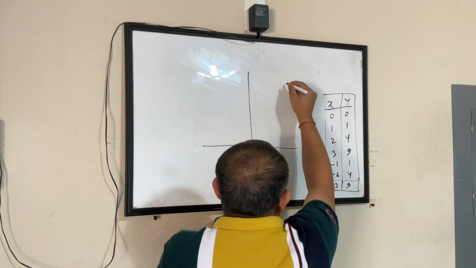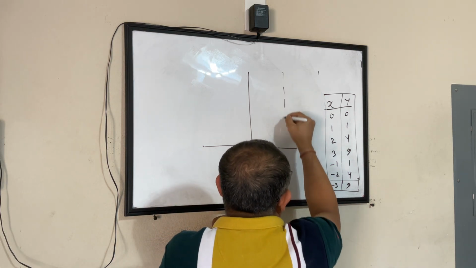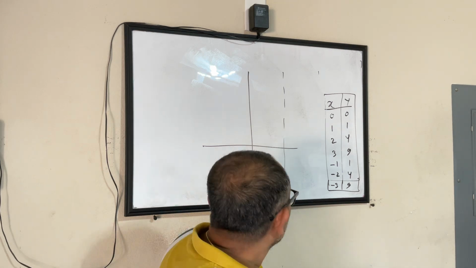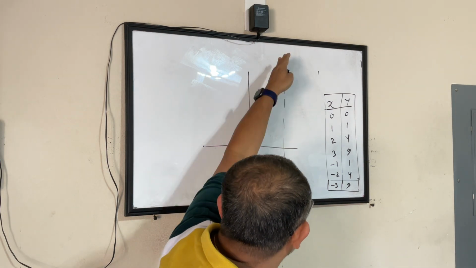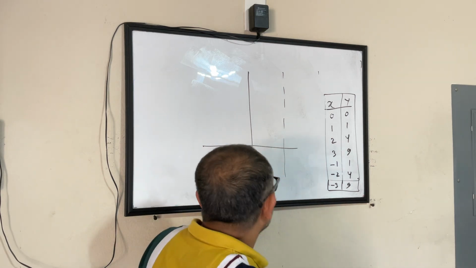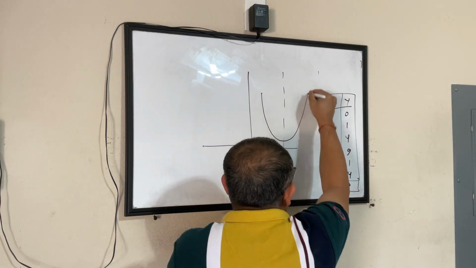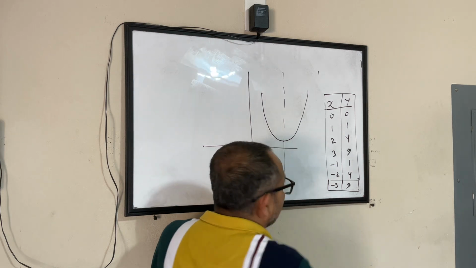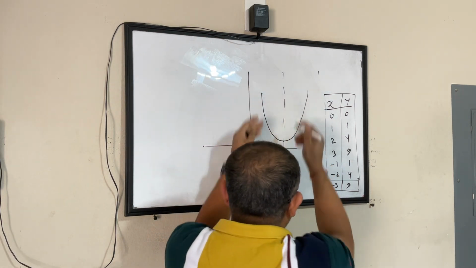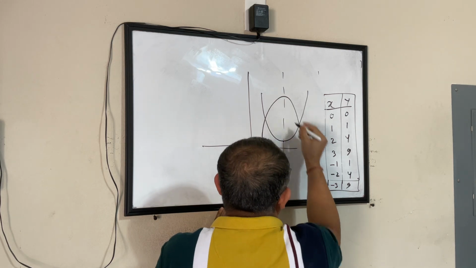If you figure out where your axis of symmetry is going to be, that tells you this is where the parabola will have its vertex somewhere. If it's facing upward it will be like this, if it's facing downward, it will be like this.